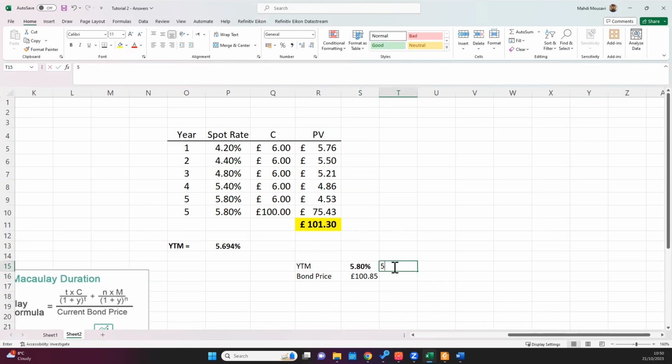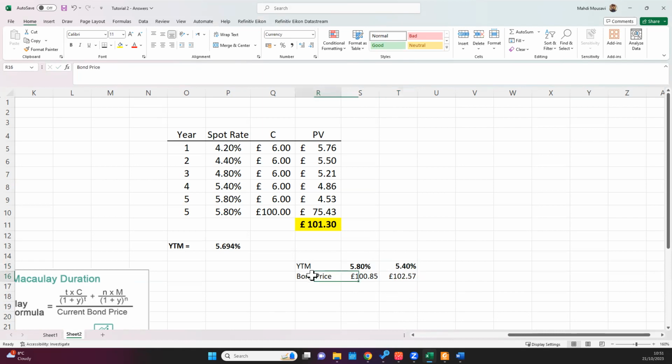As you know, when the rate to maturity reduces, the price of bond increases. So if I copy this one to the right cell, let me see if everything is correct. So the rate here is T15. We have got 5.40. Yes, that's correct. So 5.40, the price of bond would be 10257.